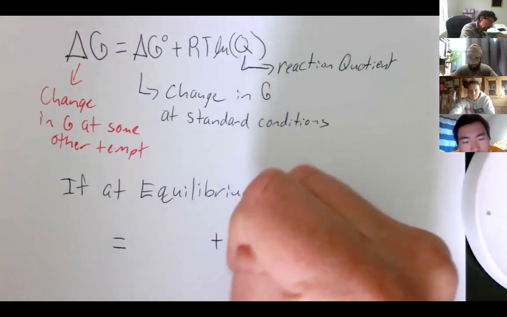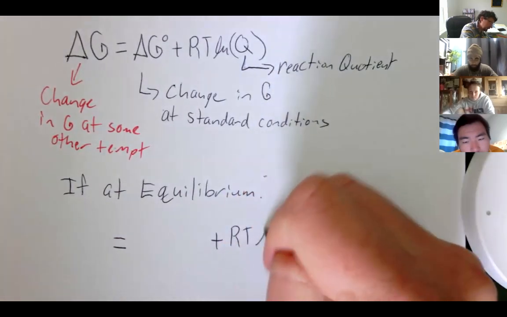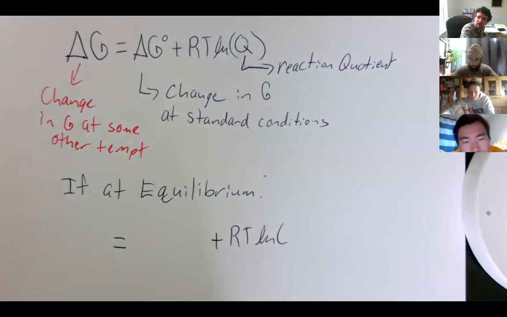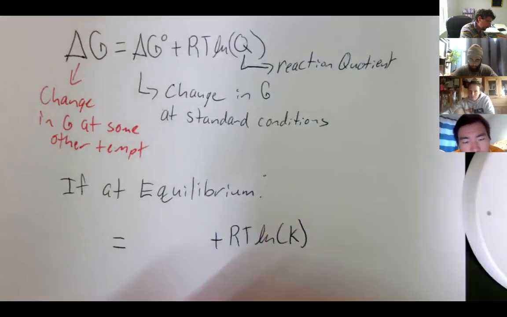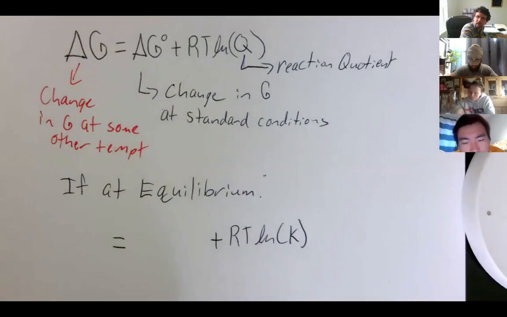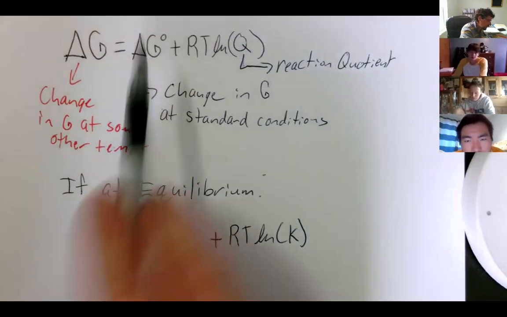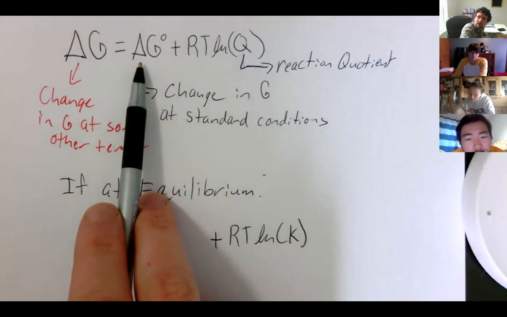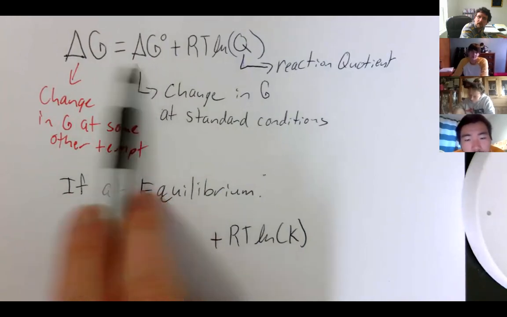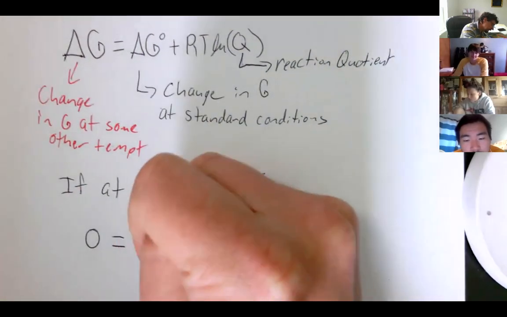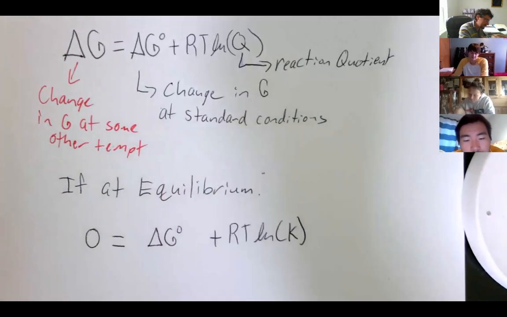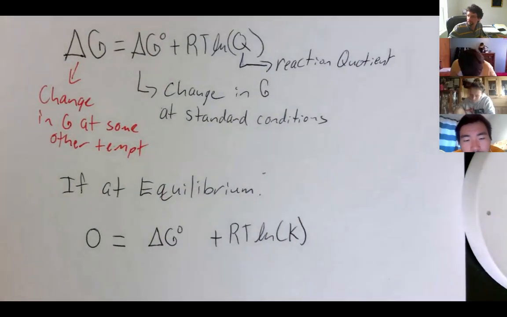Okay, the first one I heard was, what happens to Q? It's K now. Yep. And then Phil, what did you say? But delta G is 0. Okay, so this delta G is 0? The other one. Yeah, it's this one that's 0. So that's equal to 0, and we're still left with delta G naught, right?